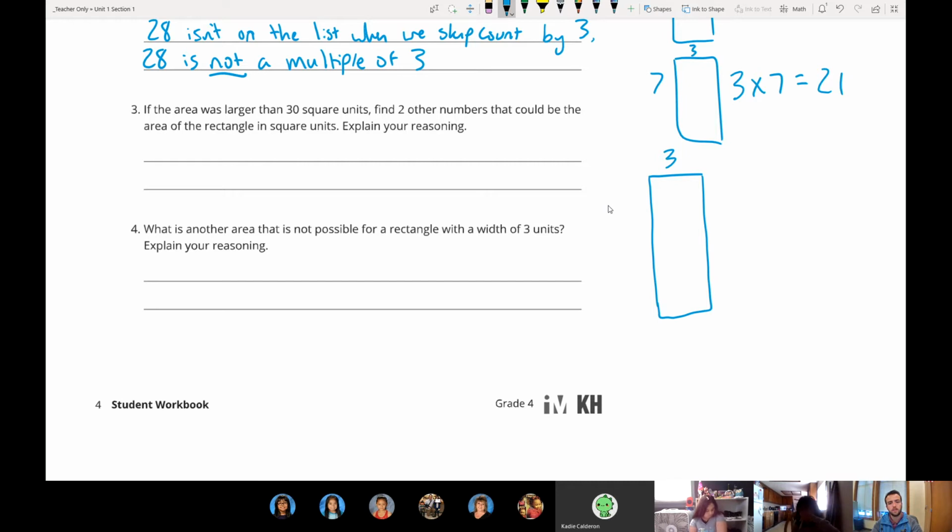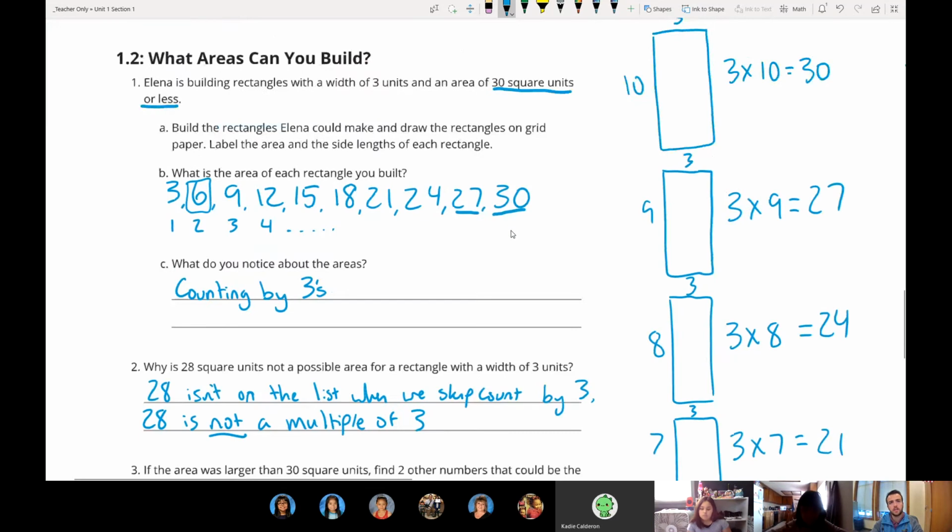3 times, let's see. How do we get 30? What's 3 times what gives us 30? 3 times 10 equals 30, right?